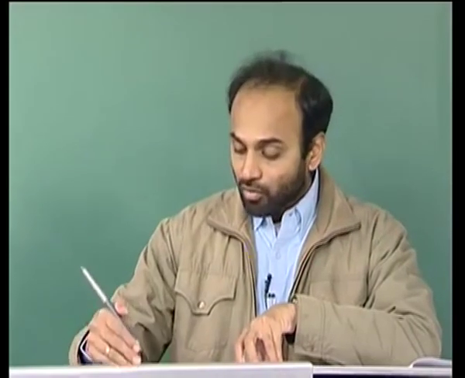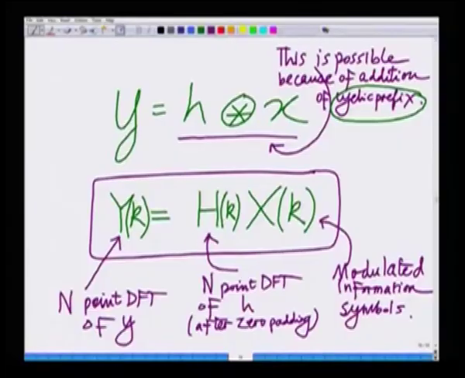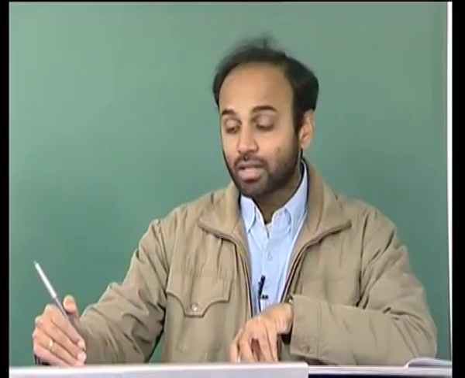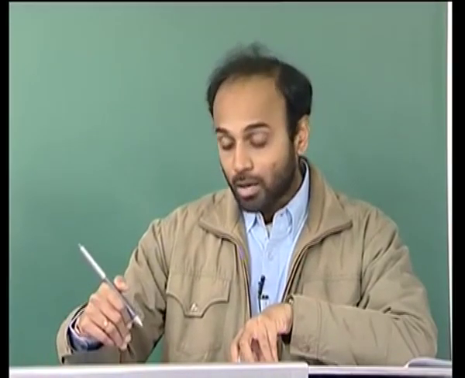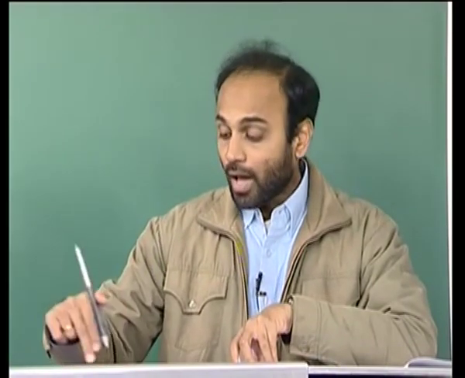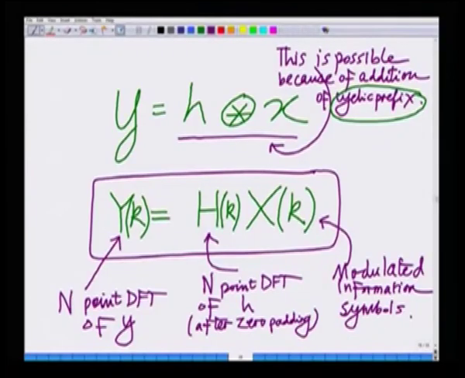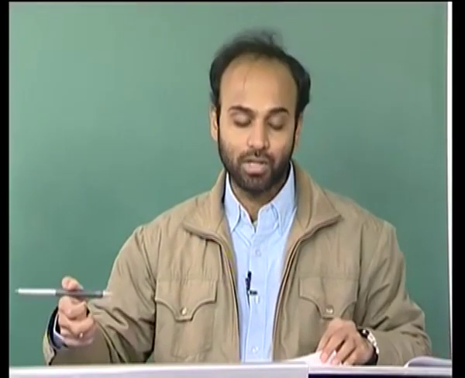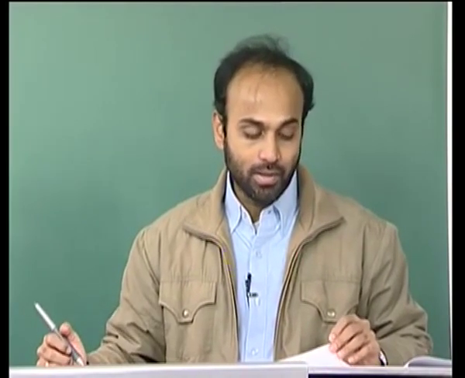What we are saying is, by performing an endpoint DFT, because by the addition of the cyclic prefix this has been converted into a circular convolution, I can perform an endpoint DFT, and what I have is each symbol xk is multiplied by hk, which is now the channel coefficient corresponding to that subcarrier, and that is received at the kth DFT point of the output received samples y0 up to yn minus 1.